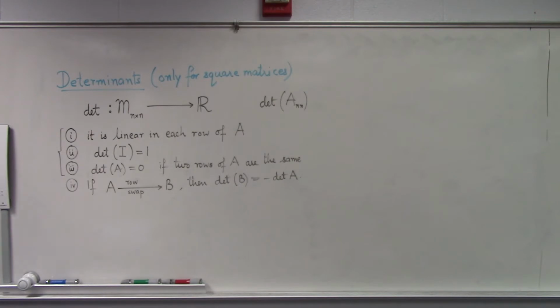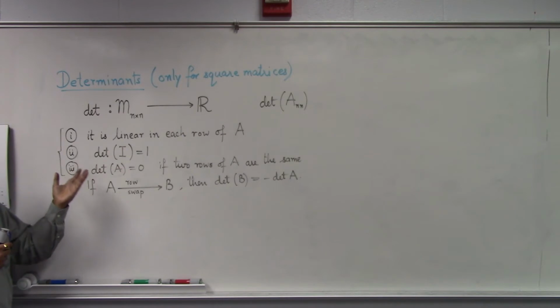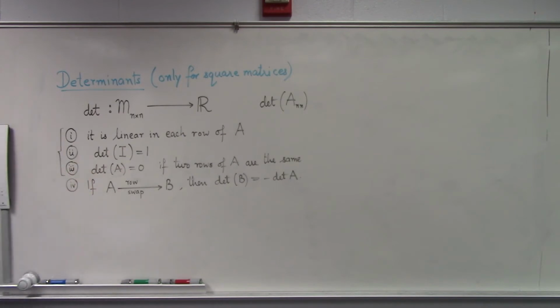Question is, fine, I have this function. I'm trying to create a function which has all these properties, but what does that function look like? And will there be more than one function? First, I'll convince you that there are such functions, and then I will convince you that the function that I'm using is the only function which can have these properties.